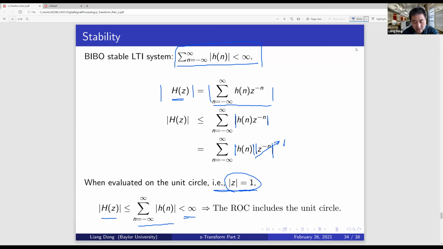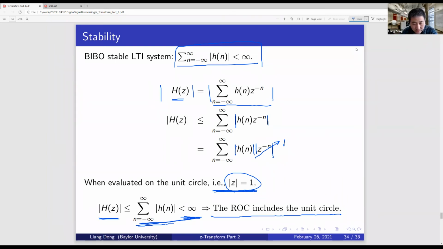Therefore, this is less than infinity. It converges when evaluated on the unit circle. Therefore, the conclusion is that the region of convergence includes the unit circle.